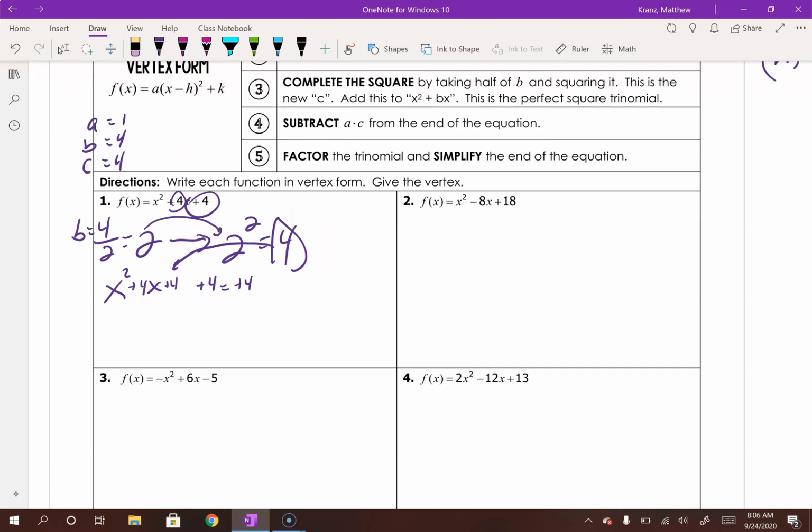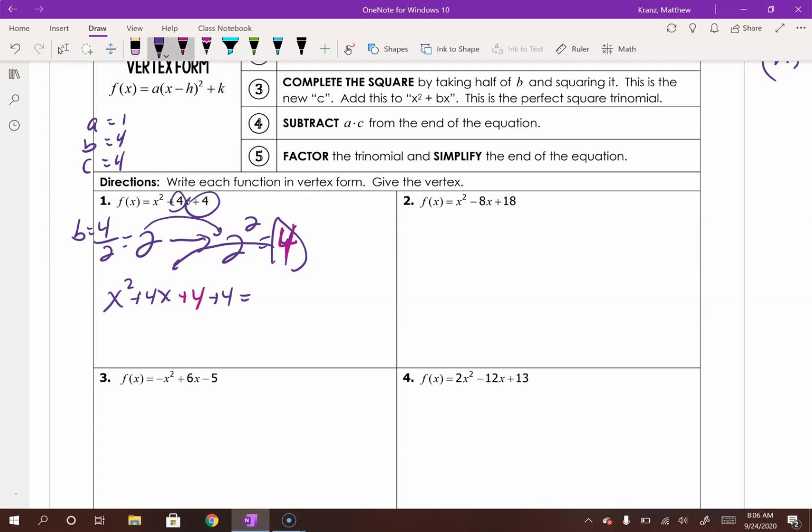Writing this a little neater, I had x squared plus 4x plus 4, and my original was plus 4.